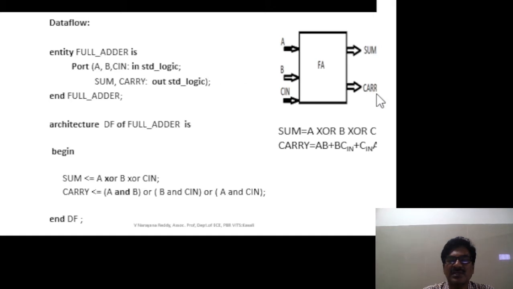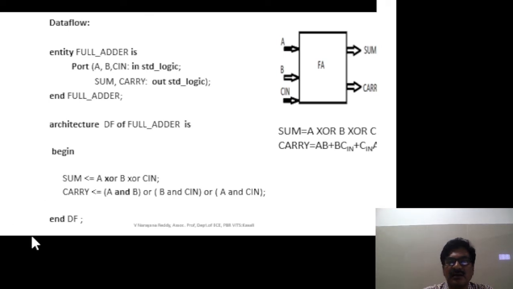Similarly, both outputs are declared in the same line: sum, comma, carry, colon, out std_logic. So all input signals and output signals are declared here, and end entity name, that is end full adder. That is the entity declaration. In the entity declaration, you can represent all input ports and output ports, along with their data types.